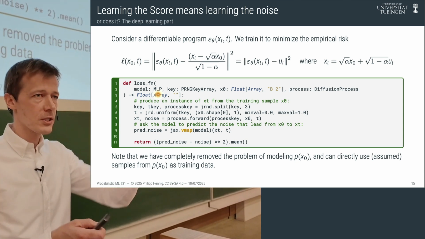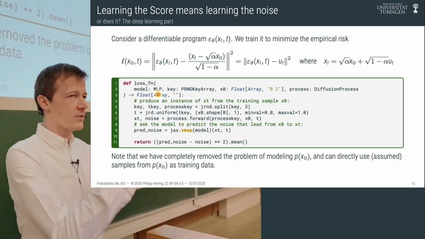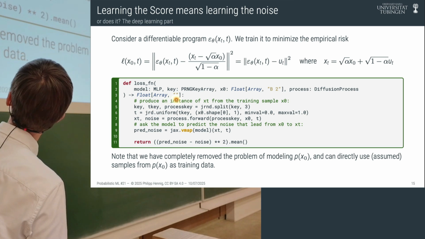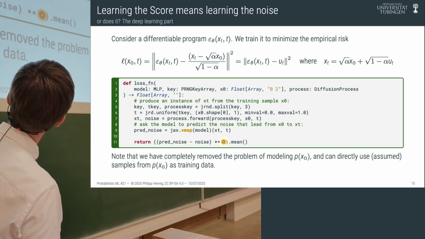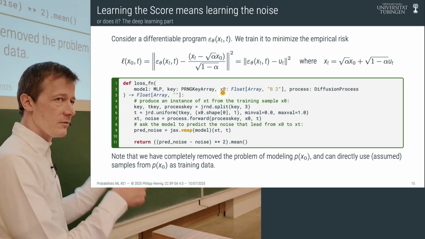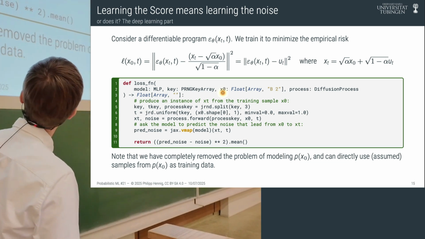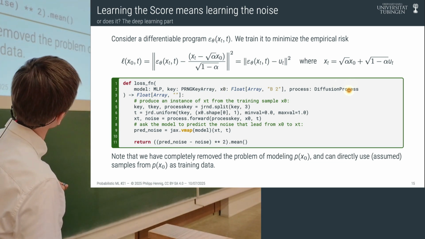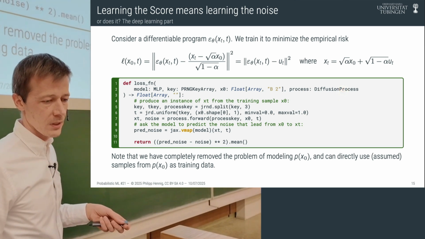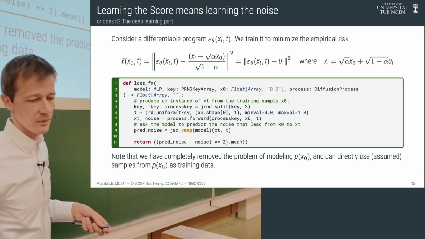So that's a two-dimensional distribution, and it returns arrows in two-dimensional space. Then I can define a loss function that takes in a training point from an original data set, and then does the diffusion process, the thing that we just defined before the break. And then it does the following.